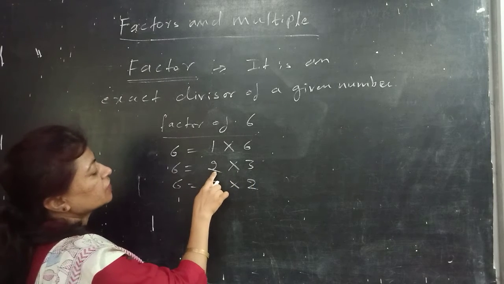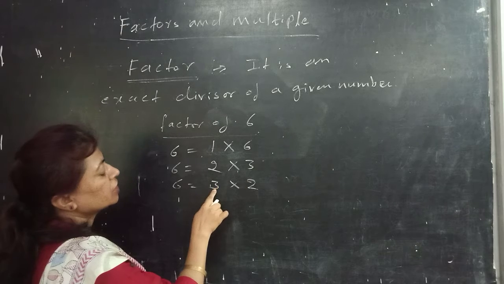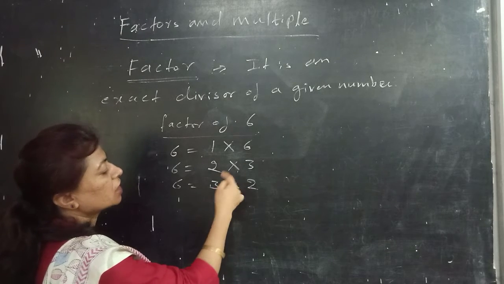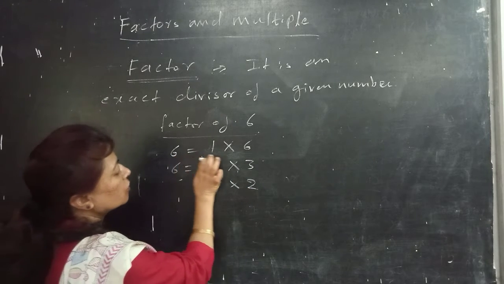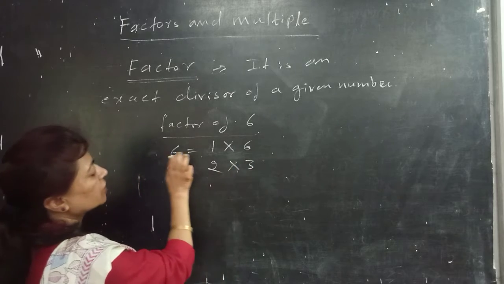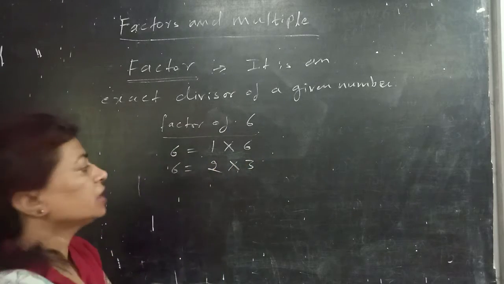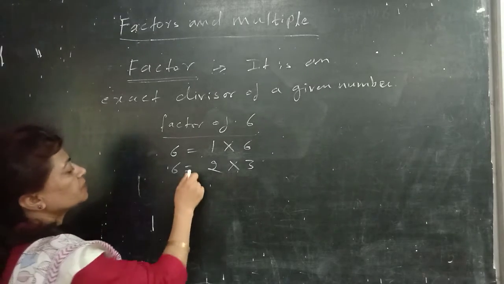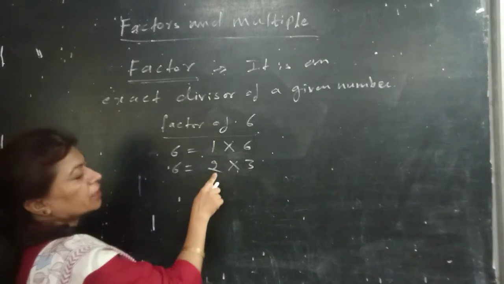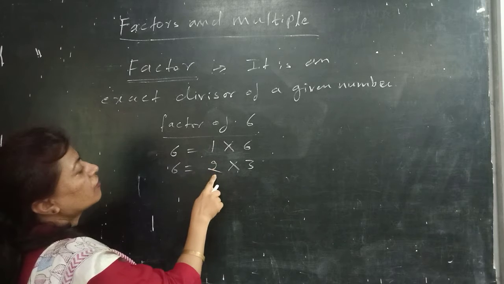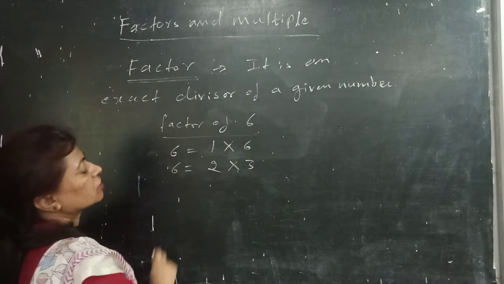In the second case, we get 2 into 3, now we are getting 3 into 2. So if we take the further multiples, we will get the reverse numbers which we have already written. So here, in these two cases, we have obtained all the possible factors of 6.